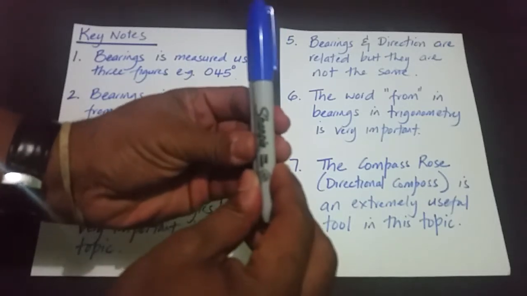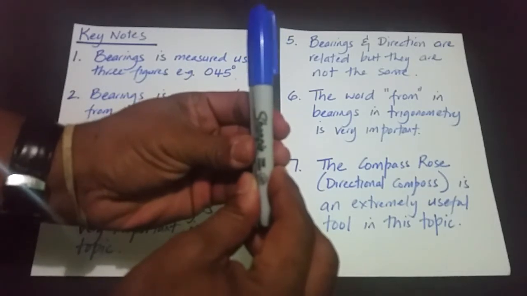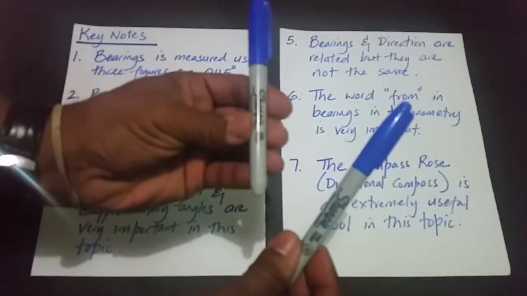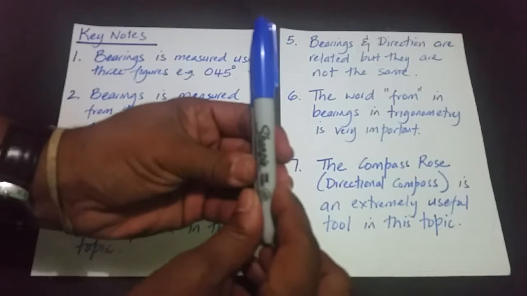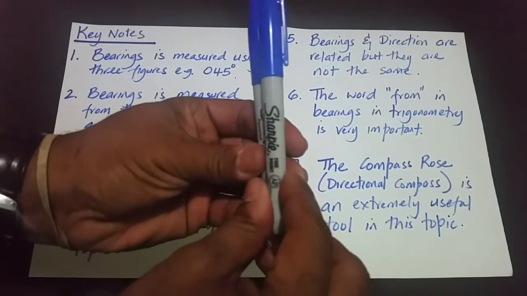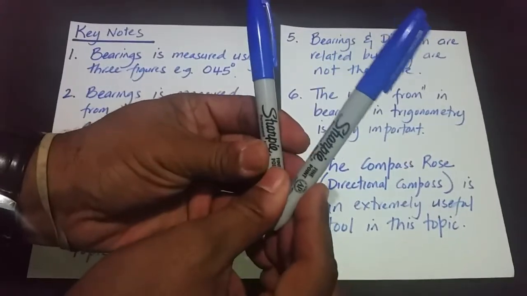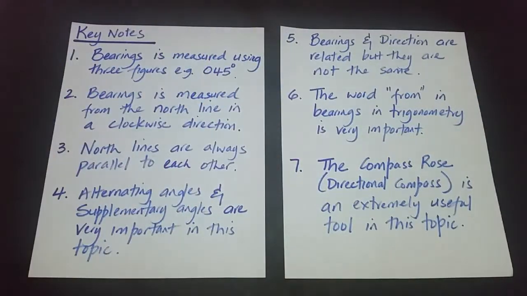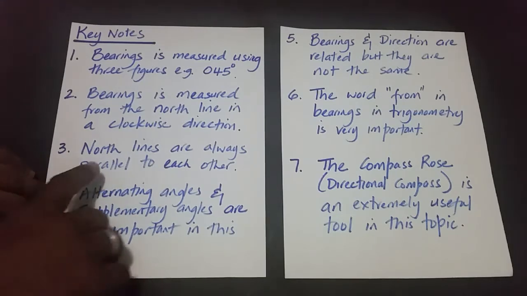So bearing is measured in a clockwise direction from the north line, and this would represent the north line. We're going to get back to that in a bit as well. So we're just going through formalities and explaining some critical things as it pertains to bearings in trigonometry.